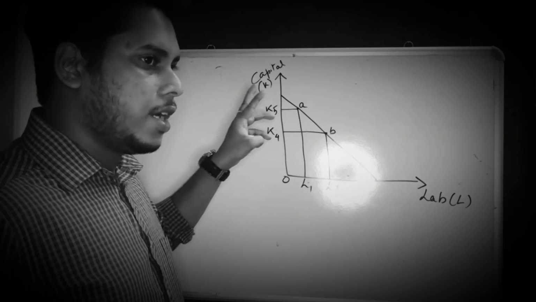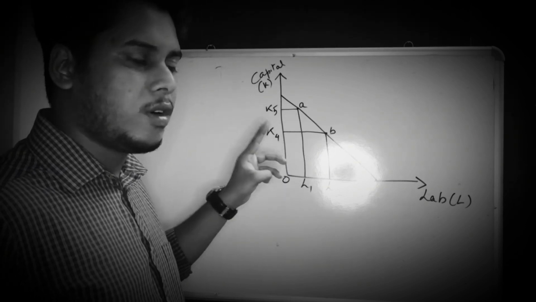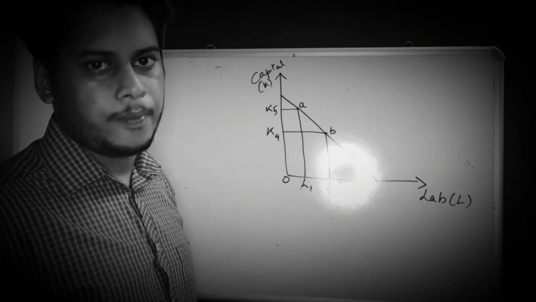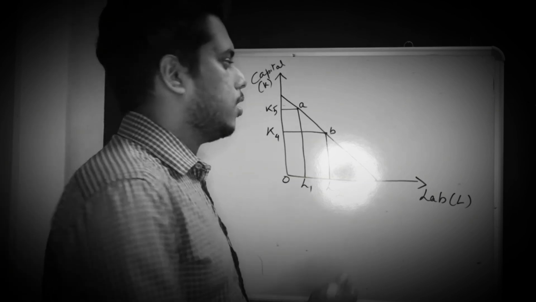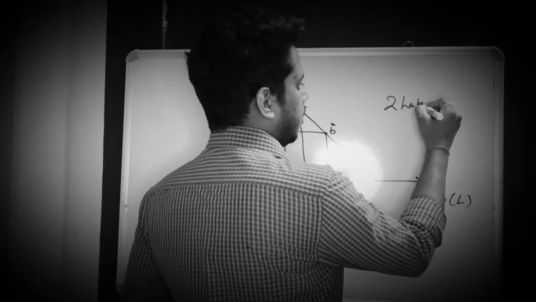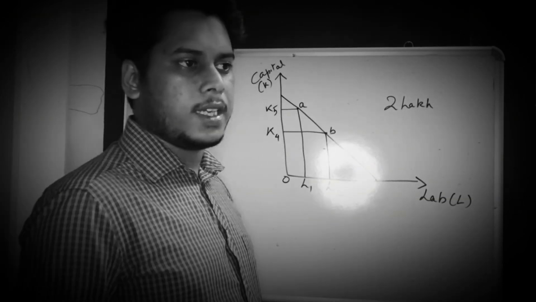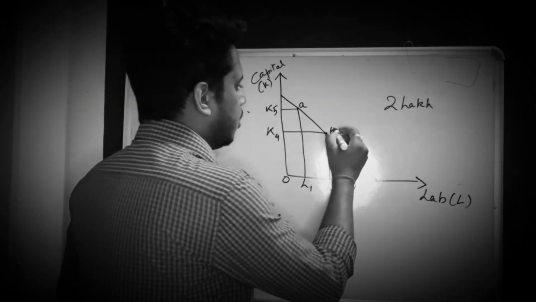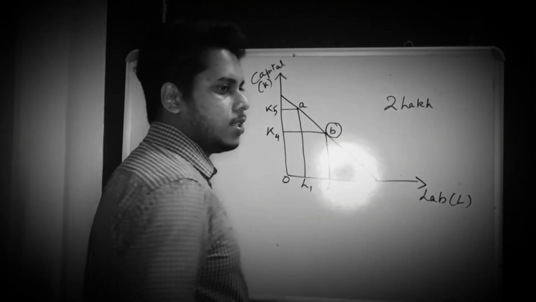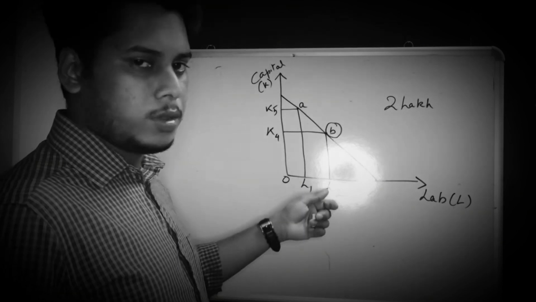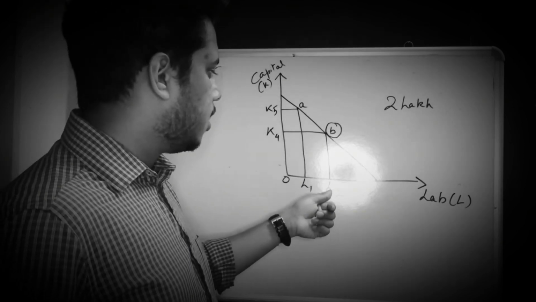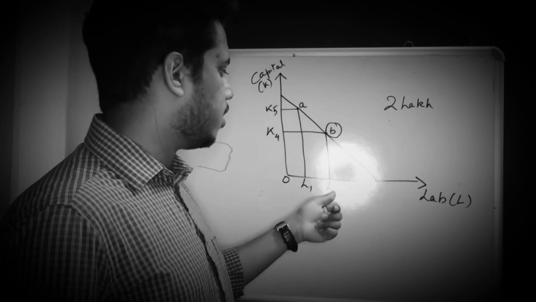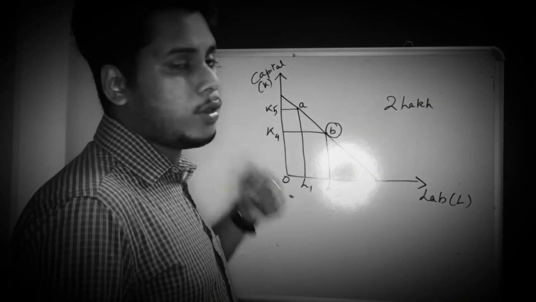And if a producer decides to use any of these combinations of inputs, then he will end up exhausting his entire budget. Say a producer has 2 lakh rupees, and he has kept this 2 lakh rupees for producing a stuff, and he decides to purchase or use inputs in his production function as B. He has chosen the combination B, in which he has L2 amount of labor and K4 amount of capital.